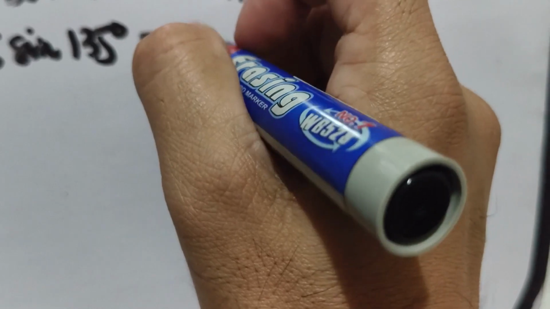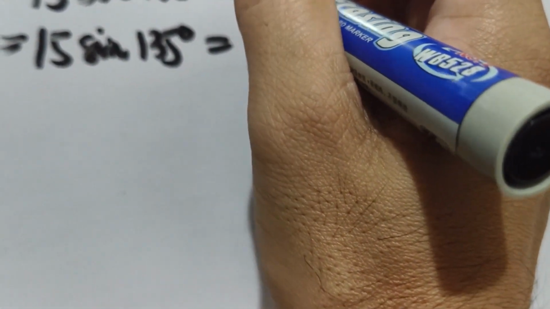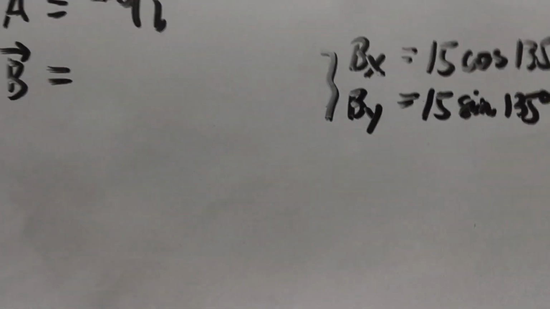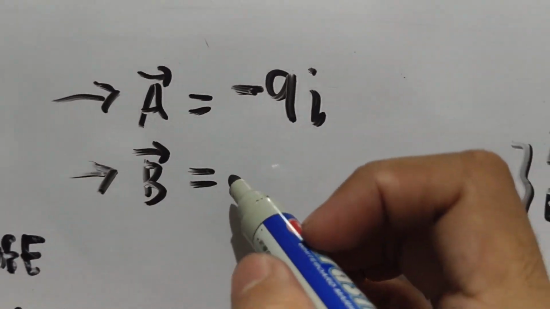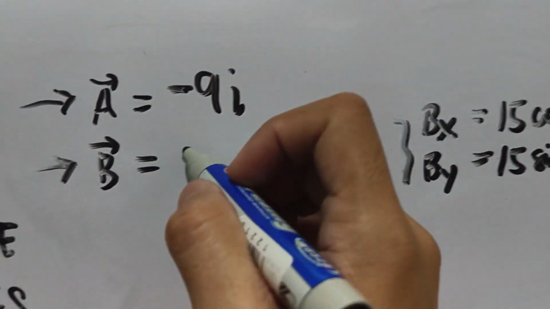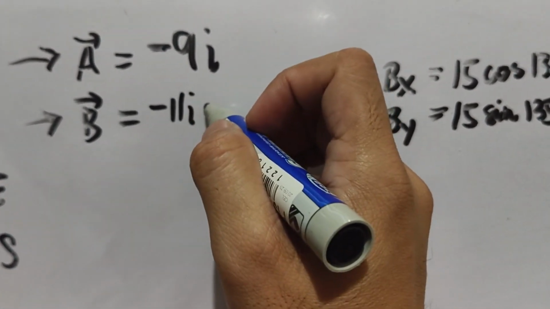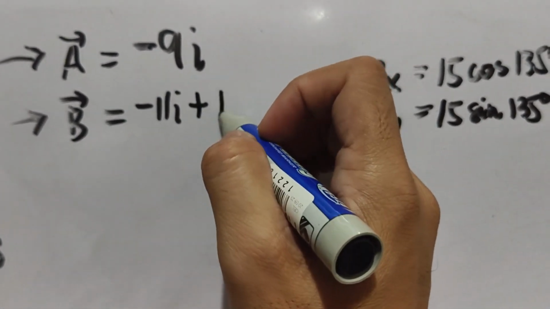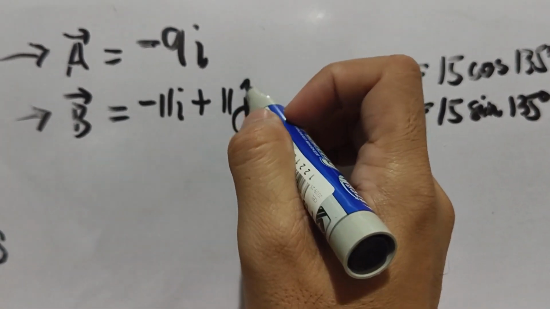So, positive 11. Negative 11 and positive 11. Therefore, we can write vector B as negative 11i plus 11j or j hat.